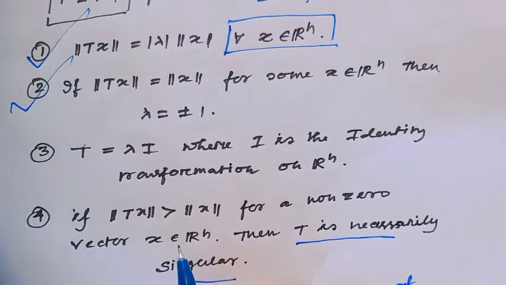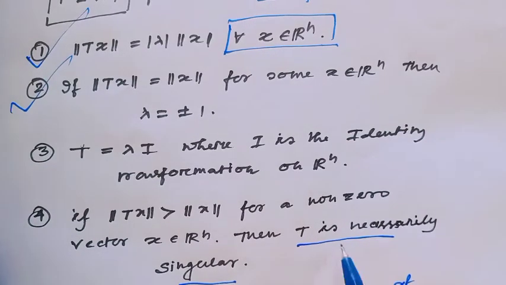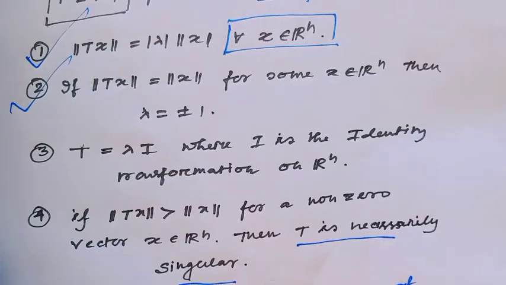Option 4 indicates if norm Tx greater than norm x for a non-zero vector x in Rn, then T is necessarily singular. If norm Tx greater than norm x, that implies absolute value of lambda times norm x greater than norm x. And from this expression it implies absolute value of lambda greater than 1.